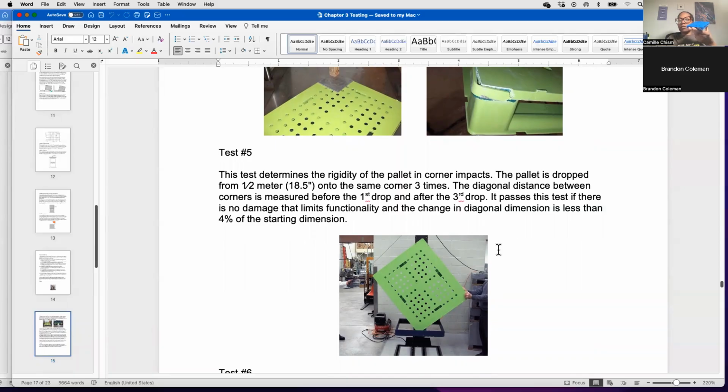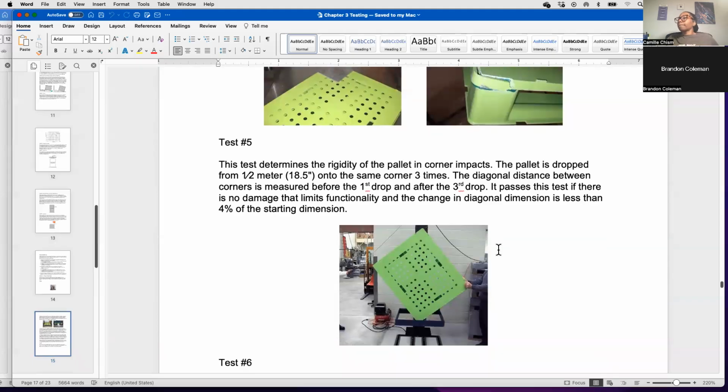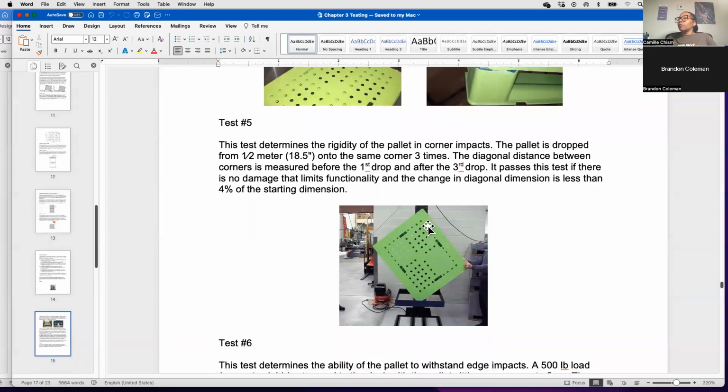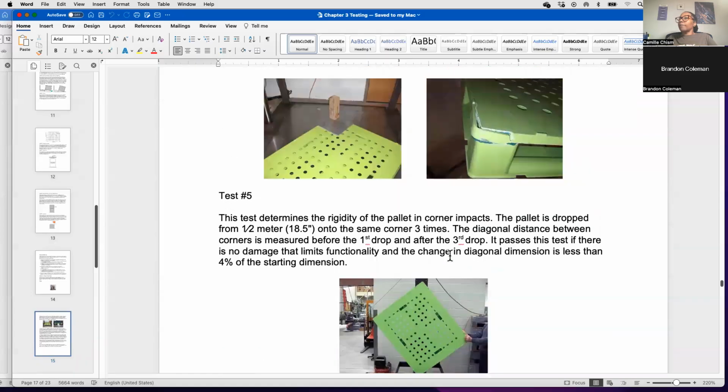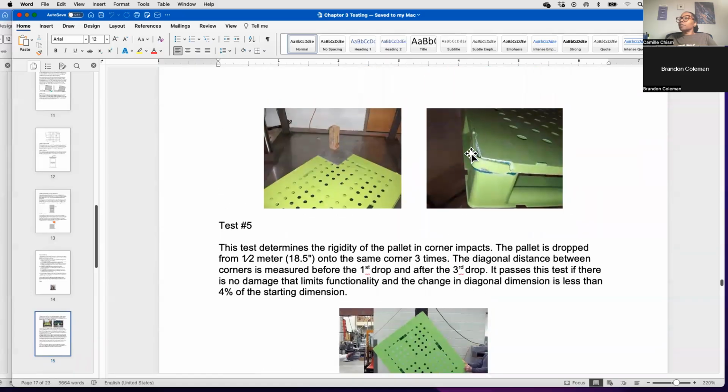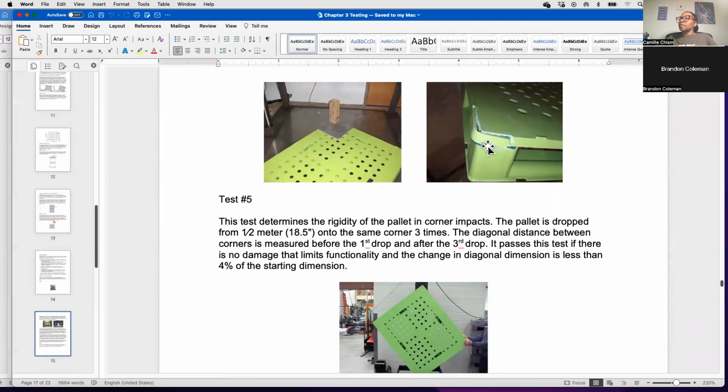But if you're using a returnable pallet, then 99% of the time you're going to be using a matching returnable tote. But you're dropping these on the corners to see what kind of damage you get. Here's an example of some of the damage you might get. And you can see it's unseated from the base.